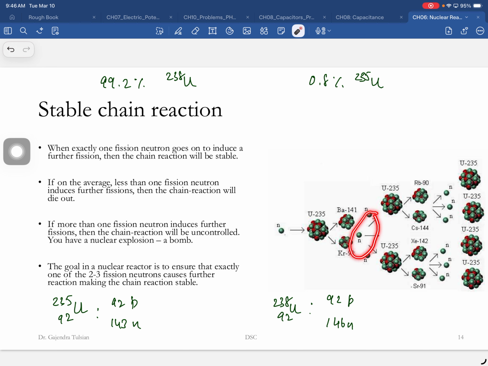If none of these guys cause a reaction, then the reaction dies. You got 200 MeV and then that's it. If one of them causes a further reaction, you can keep the reaction going. You got to make sure at least one of them causes a further reaction, and then the nuclear reactor will keep running. If less than one causes a reaction, then the reaction dies and the reactor shuts down.